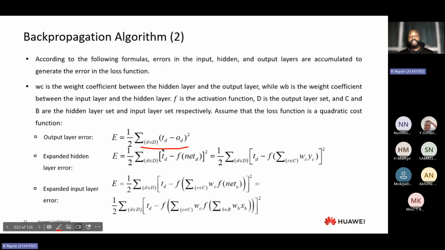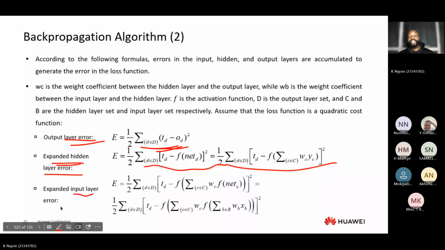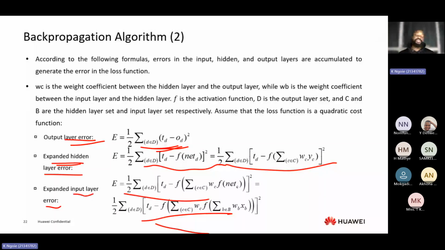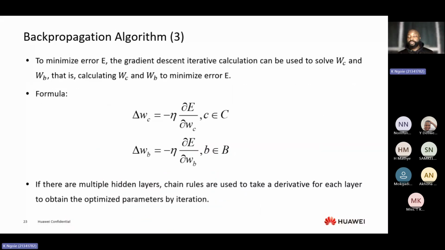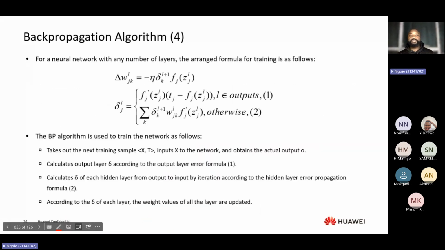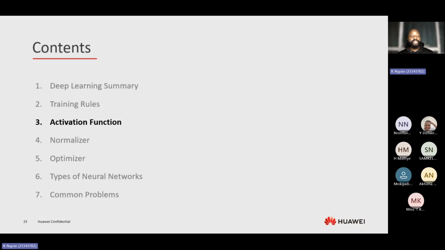For example, here you can calculate the error, and here we can calculate the error that is accumulated in the whole neural network in the different layers, and then we have the error which is accumulated from the input layer. All these formulas are transformed into programming code. Okay, so these are just the backpropagation algorithm.